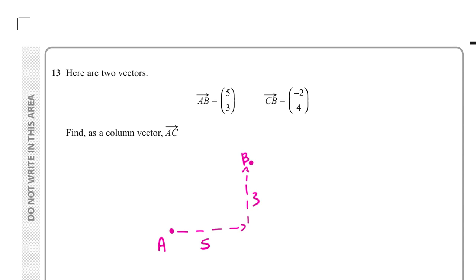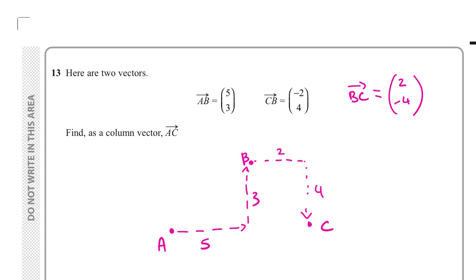And then C to B means wherever C is, I've got to go minus 2 and then 4. So if I wanted to go from B to C, I'd technically go backwards. I'd go 2 and minus 4. So if I'm at B and I'm going to C, I'm going to go across 2 and then down 4.